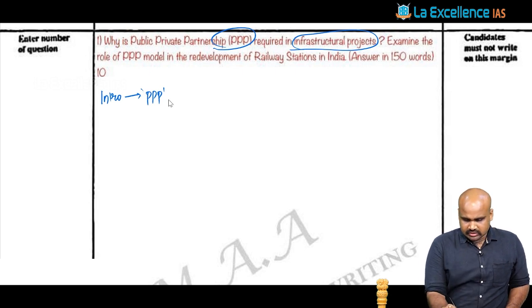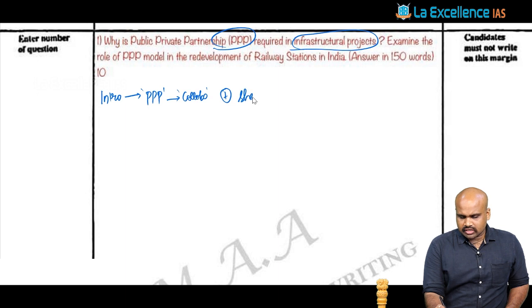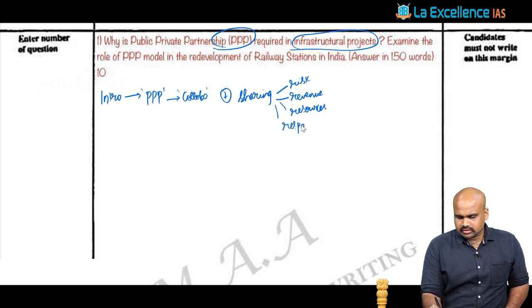That means it has got to do with collaboration. And not only that, it also talks about sharing of risk, sharing of revenue, sharing of resources, and also sharing of responsibilities.